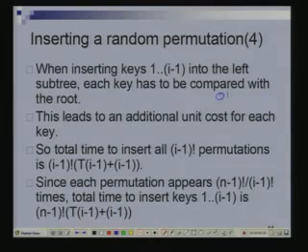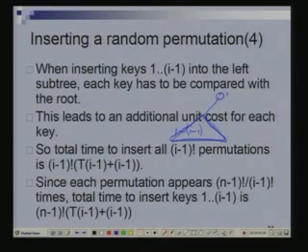So, let me clarify what I am saying. This is i and the keys 1 through i minus 1 are coming here. I know something about just this tree. If this were my tree, then I know that the average time to create this tree is T of i minus 1, but now I am creating a tree over n nodes.